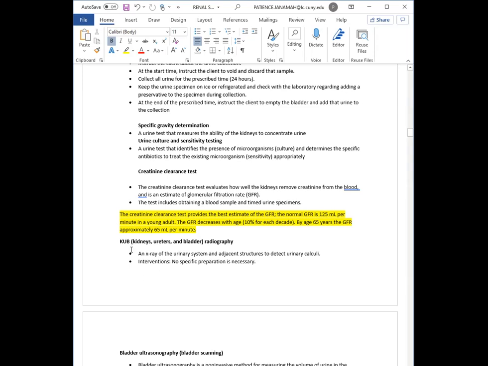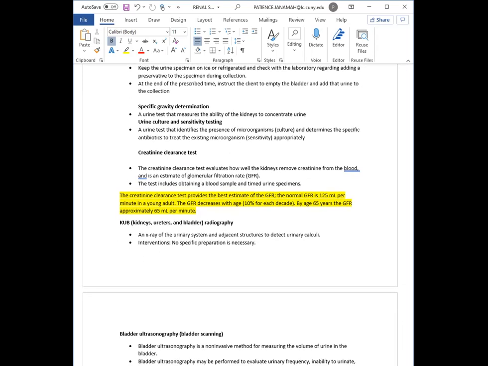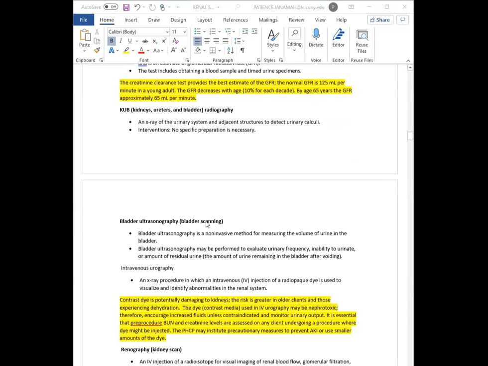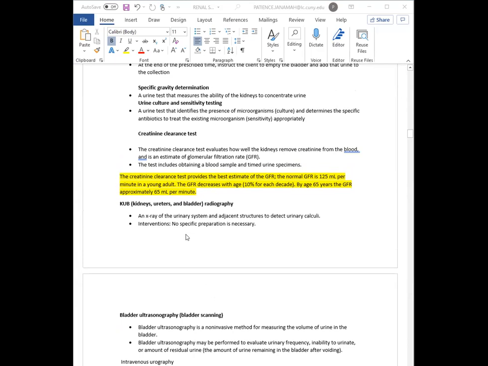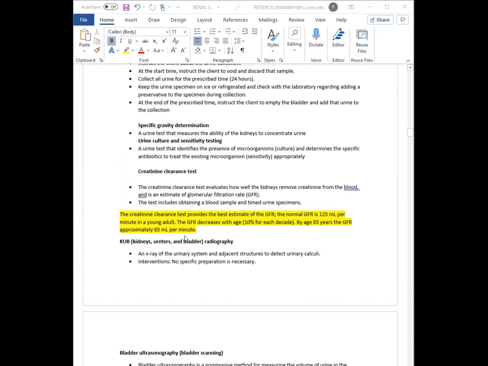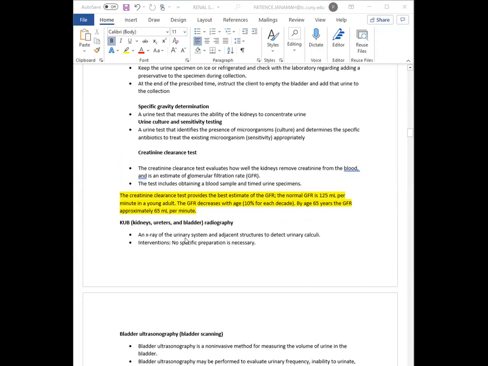Now, one is kidney, ureter, and bladder radiography. This is just an X-ray of your kidneys, your ureters, and your urinary bladder. We know the procedure for X-ray already. This is usually used to determine if the patient has any renal calculi or kidney stones.